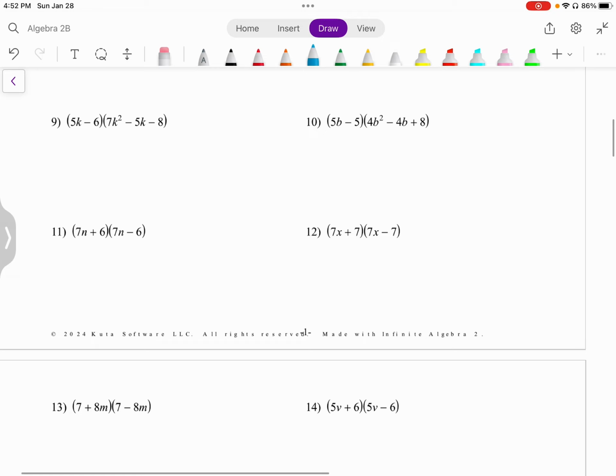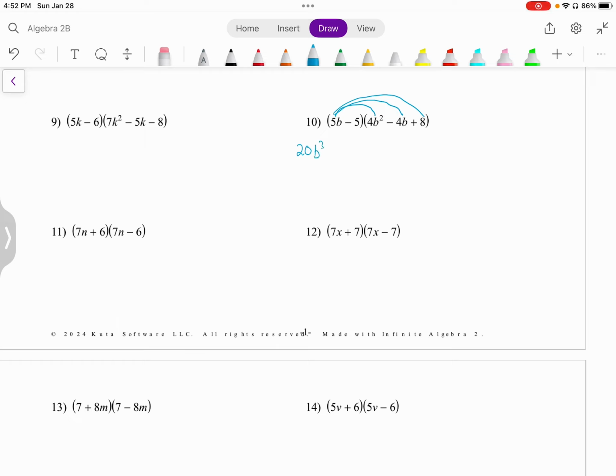Number 10, this time we have 2 terms times 3 terms. Well, FOIL doesn't work, but we can make sure we multiply each term in the first group times each term in the second. So we're going to do 5b times each term. So 5b times 4b squared. 5 times 4 is 20. b times b squared is b cubed.